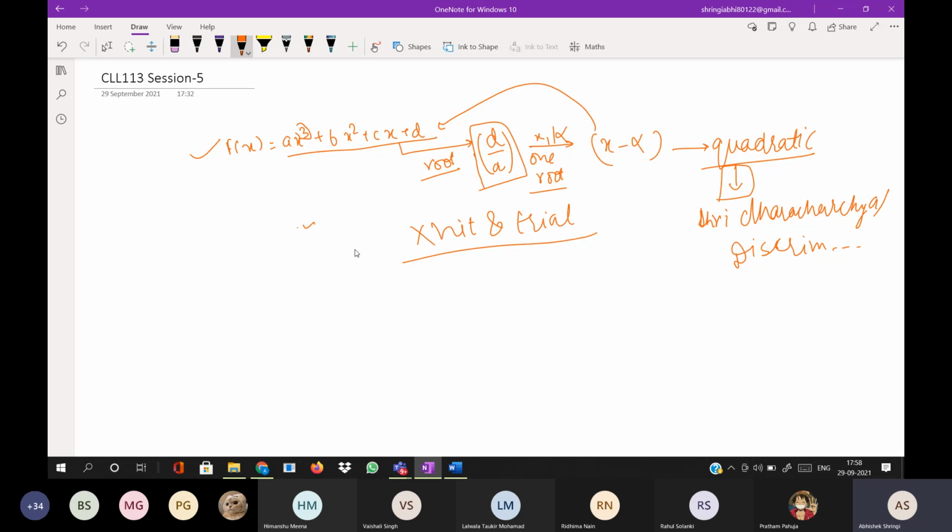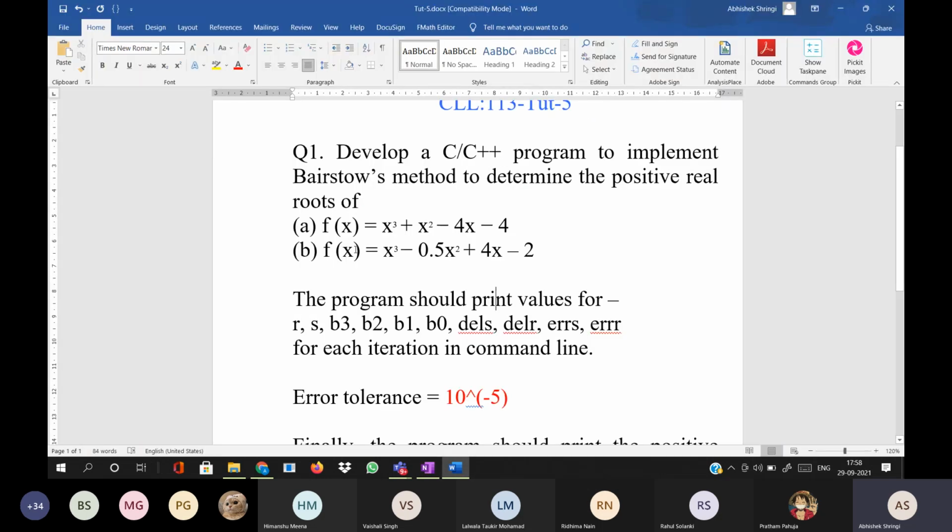Bairstow is one of the iterative methods. As I have said before, we are not able to find the roots analytically, so we have to find the roots numerically. One of the famous methods for finding anything numerically is the iterative method.